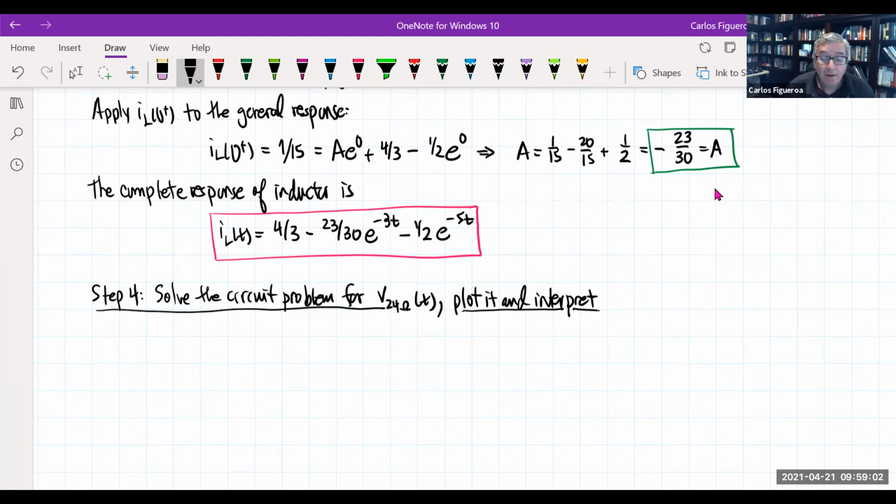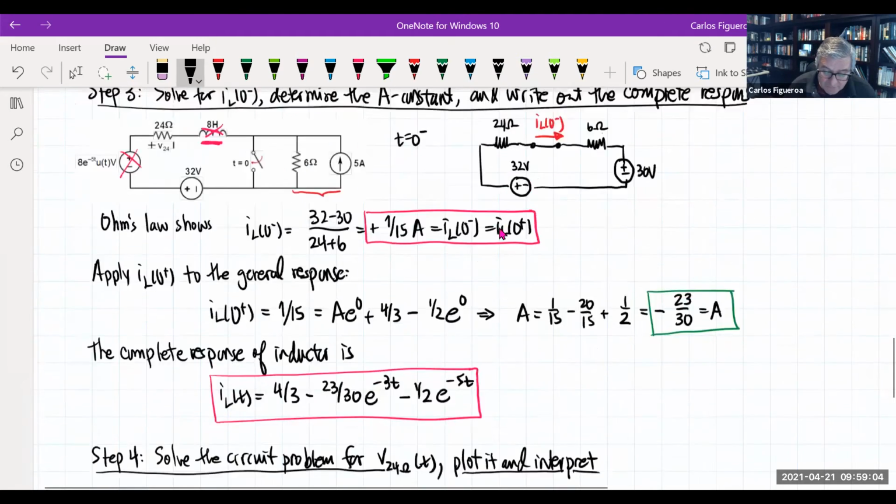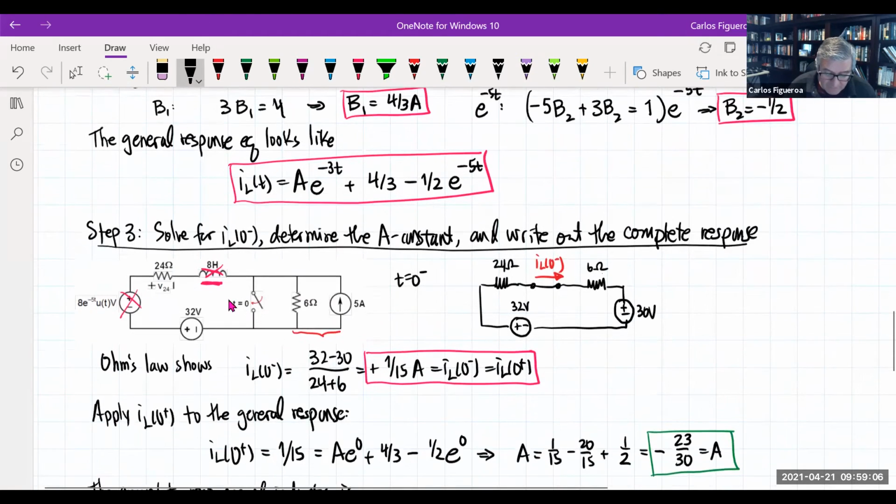So what do I know? Well, let's go look at the circuit. If we look at the circuit, you can see here that the 24 ohm resistor and the 8 Henry inductor are in series, so they must have the same current.